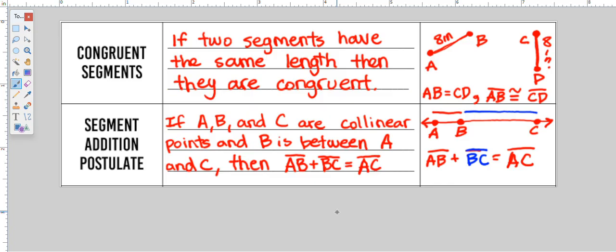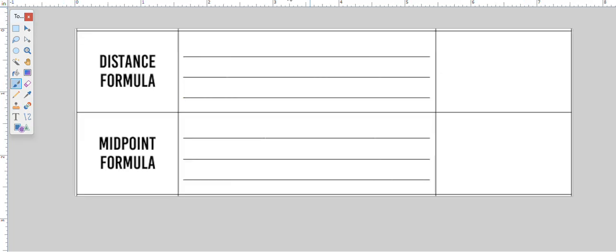So far we have covered most of these things in class, but now we're going to move to a few new things. The first of those is what I call the distance formula. We will work with this in the coming weeks. We will have to solve equations using this, so we want to make sure that we have this so we can reference it when we need it.